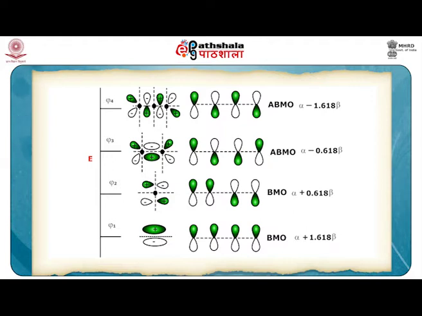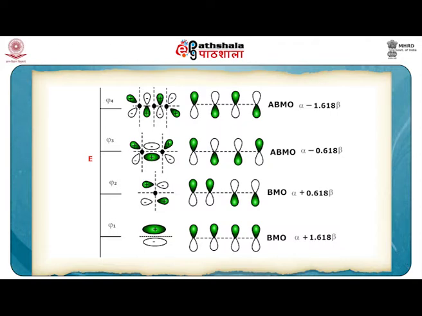If we go to Phi2, here the energy was equal to alpha plus 0.618 beta. So here you can see that the first 2 pi orbitals, which are on carbon atoms 1 and 2, are having positive lobes up and negative lobes below. Whereas the next 2 atomic orbitals, that means the pi atomic orbitals, have negative lobes up and positive lobes down.